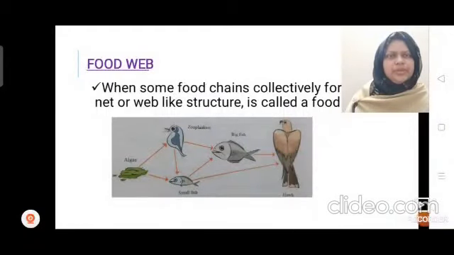Food web. When some food chains collectively form a net or web-like structure, it is called a food web. Here, the diagram shows the example of a food web. Here, algae is consumed by the zooplankton and small fish.